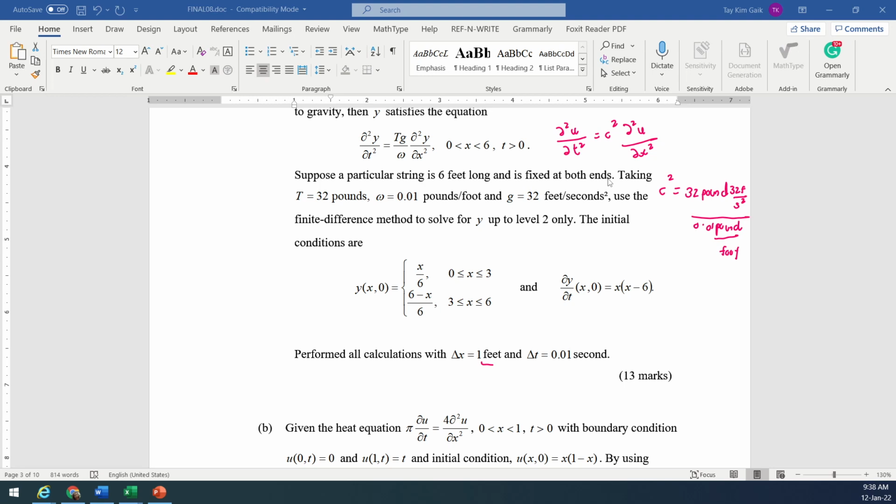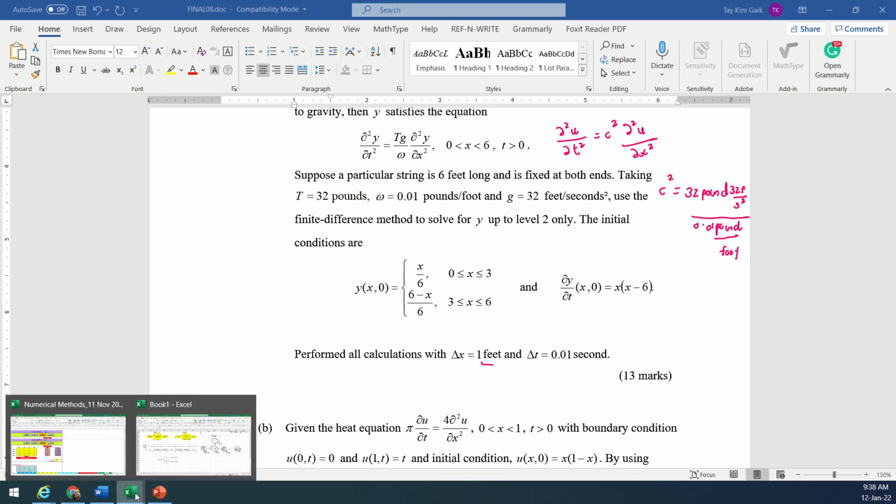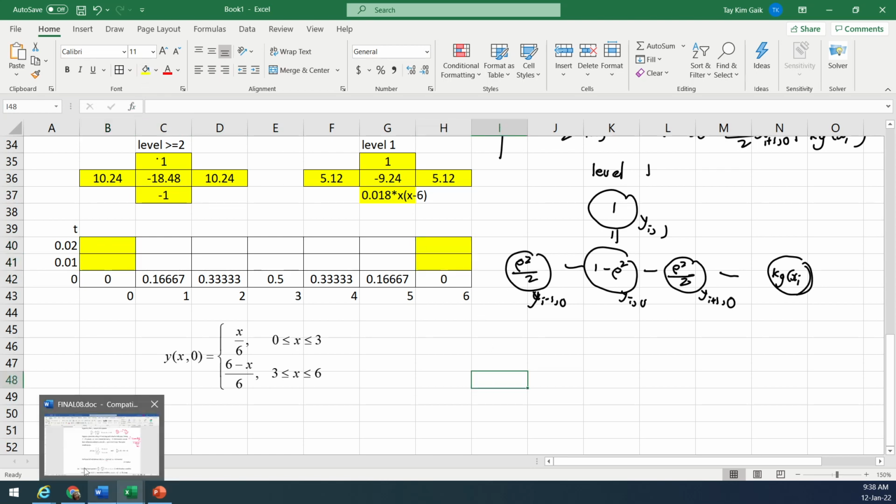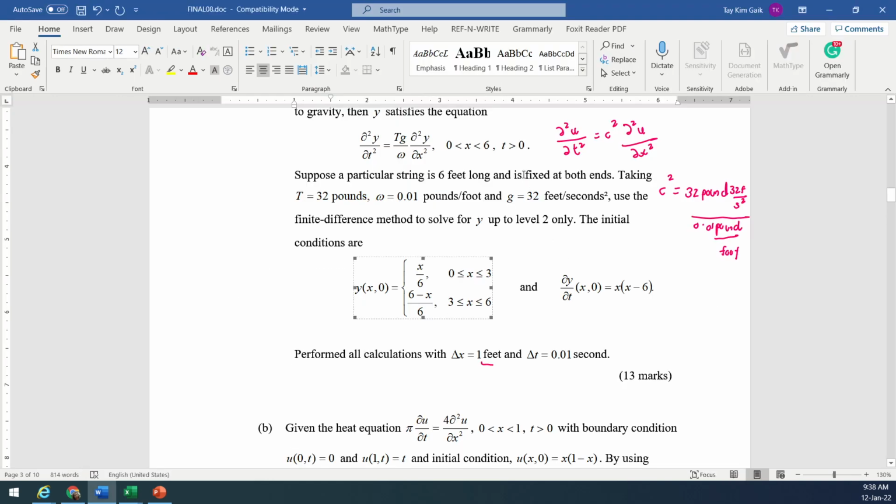So what is the boundary condition for the wave equation? When x is 0 and x equals 6, what is the value there? The string is fixed at both ends. The question only gives you initial conditions, so what are the boundary conditions? Who knows, please type it.